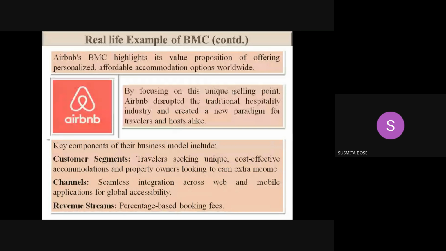Key components are customer segments, like travelers seeking unique, cost-effective accommodations and property owners looking to earn extra income. Channels: seamless integration across web and mobile application for global accessibility. And revenue streams: percentage-based booking fees.